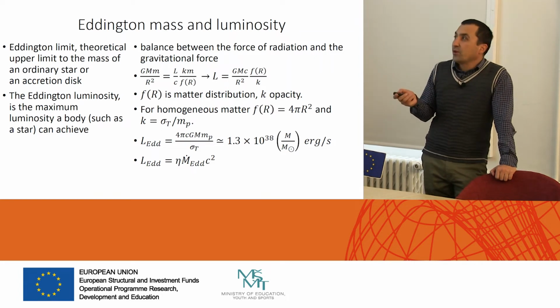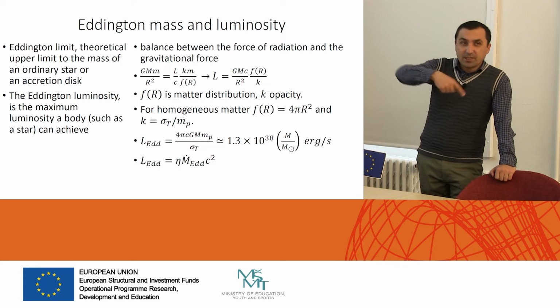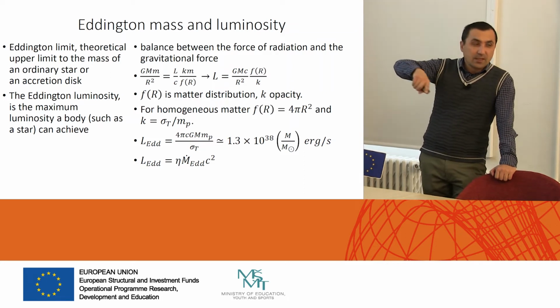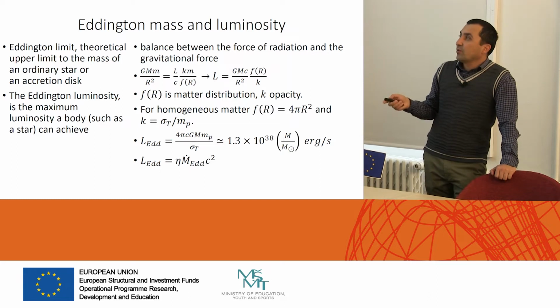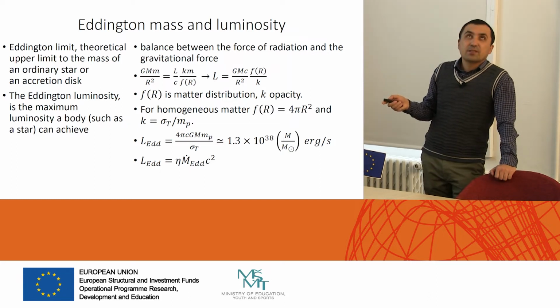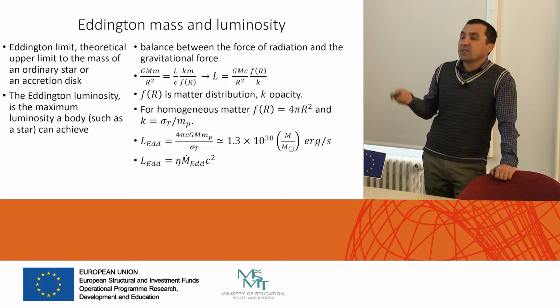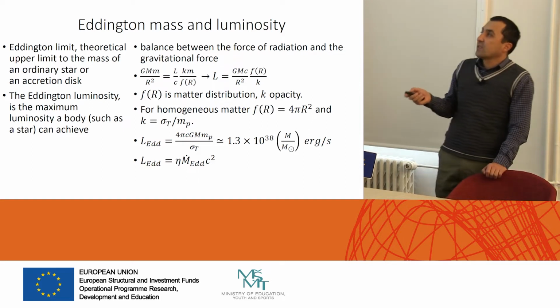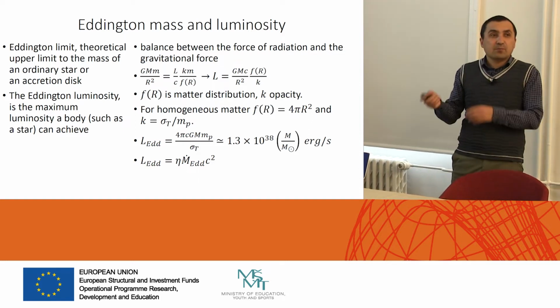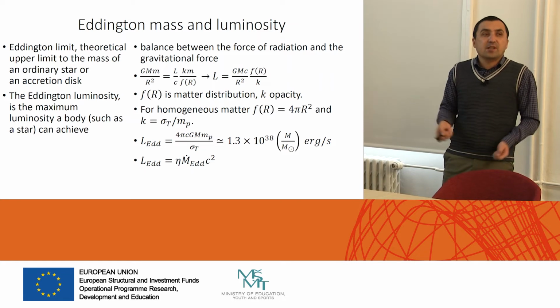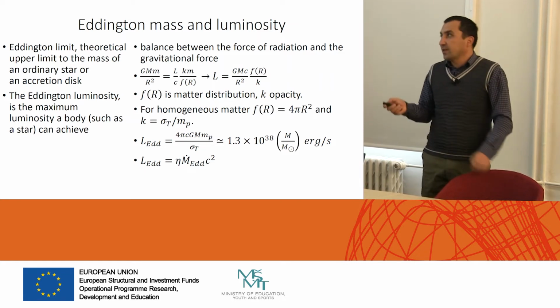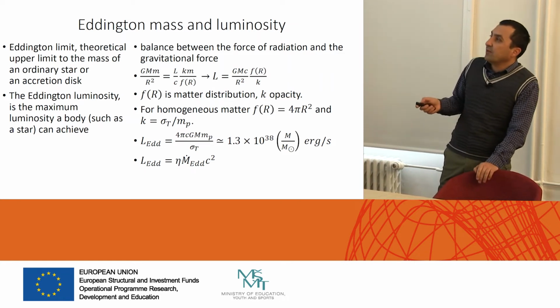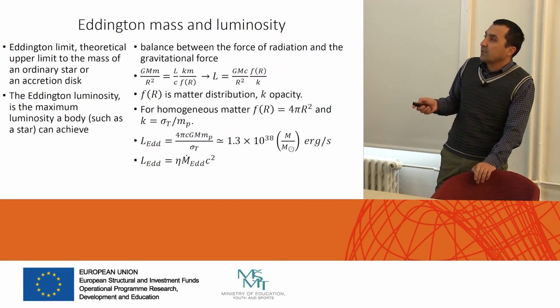For the accretion disk in the Hartle-Thorne model, it is about 10%. It is 10 to 100 times larger than the solar efficiency. So from here we can extract this Eddington mass rate.